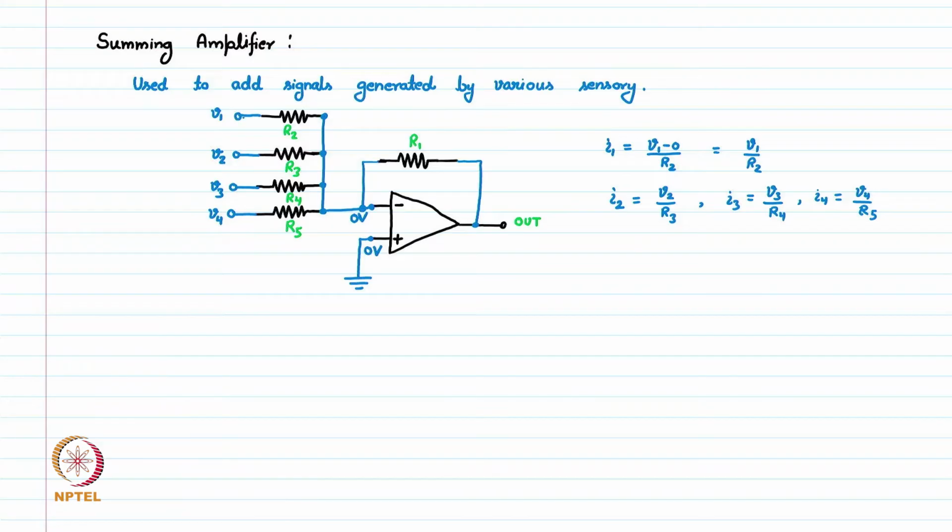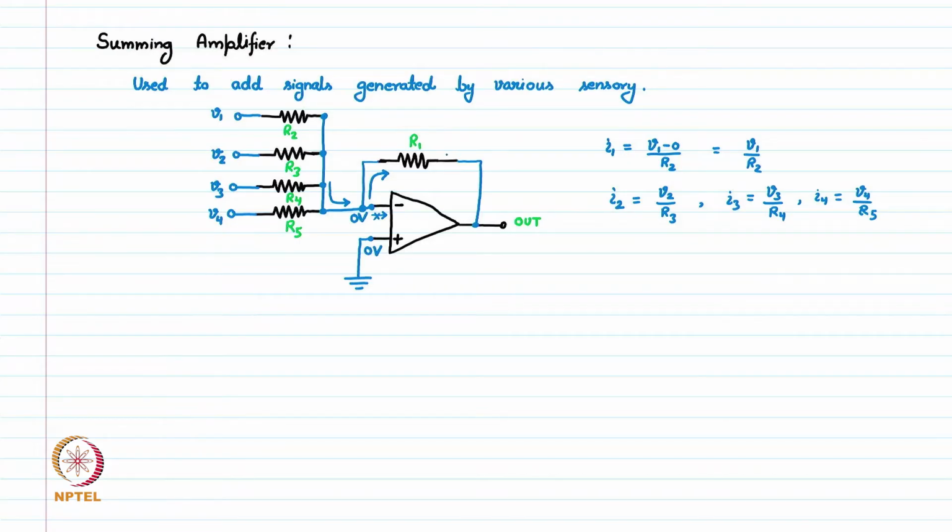This current, when flowing from V1 to 0, all these currents are approaching this node which is at 0 volt. Now the input impedance of the op-amp is very high, so current cannot go inside this op-amp. So there is no current flow in this direction. So all the currents coming in here have to flow into this feedback resistance R1.